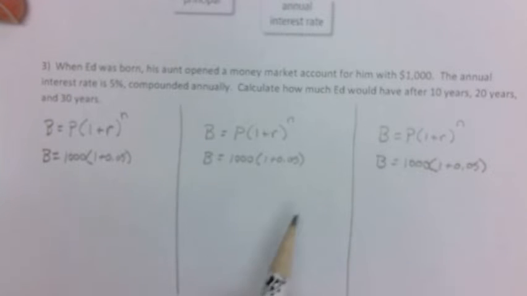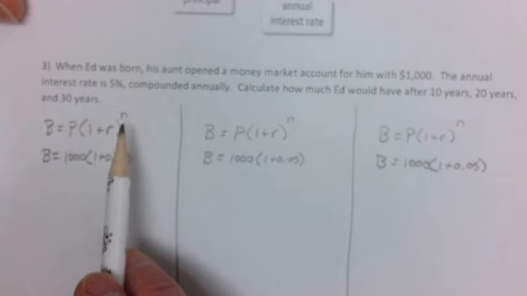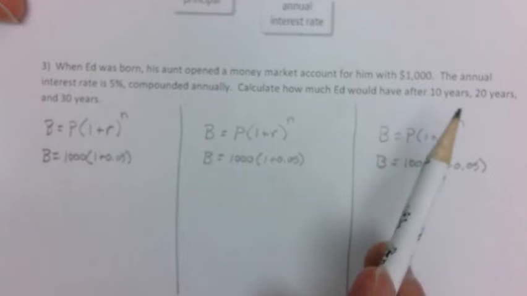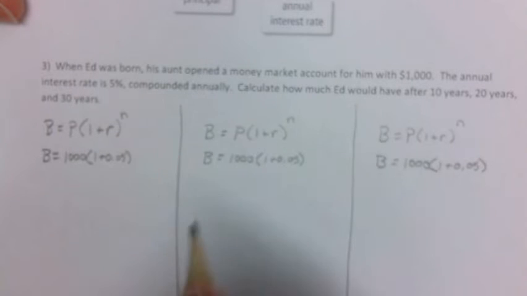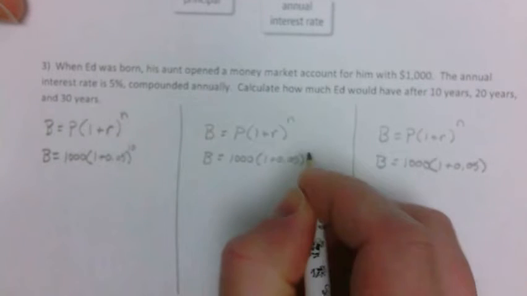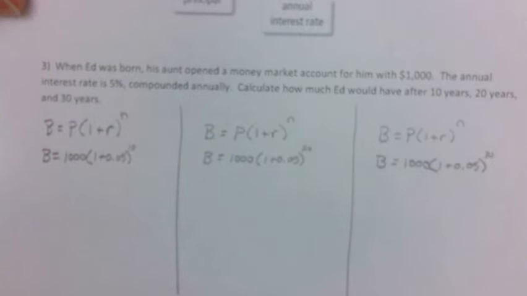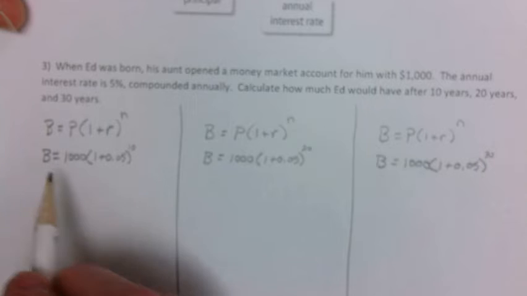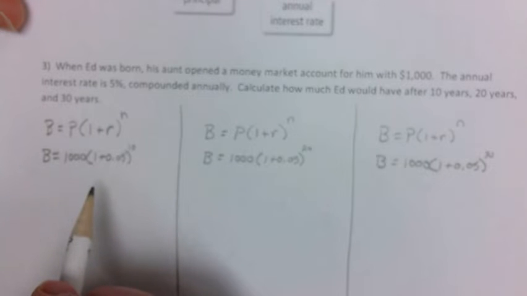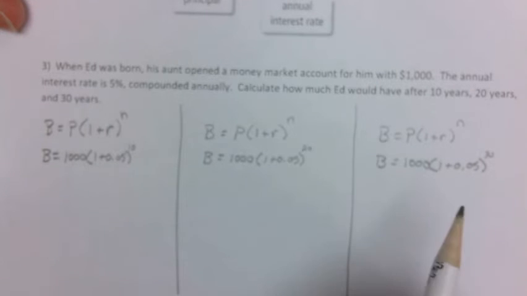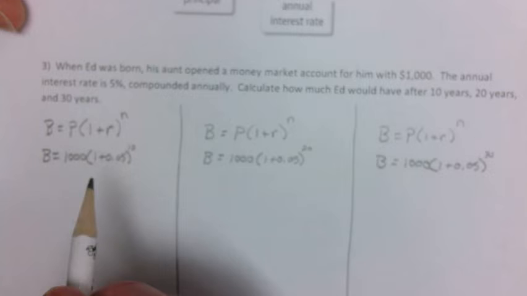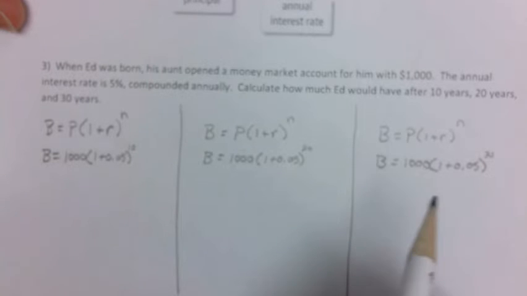The only thing that's going to be different for these is n, which remember is your number of years. We're going to do this for 10 years, 20 years, and 30 years. So we'll make the exponent 10, 20, and 30 for the last example. Okay, in order to calculate the value of B, we're going to follow the order of operations. In each one of these examples, we have to do what's in the parentheses first, 1 plus 5/100ths.